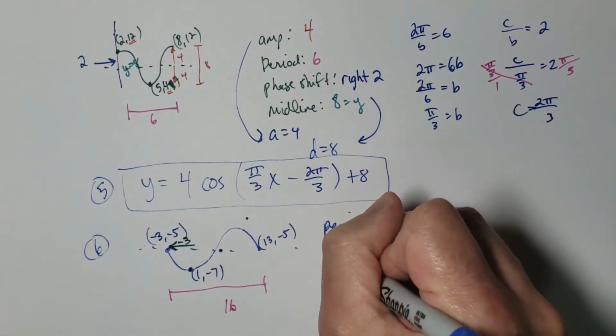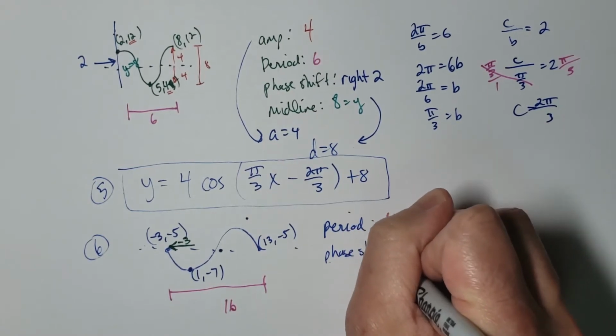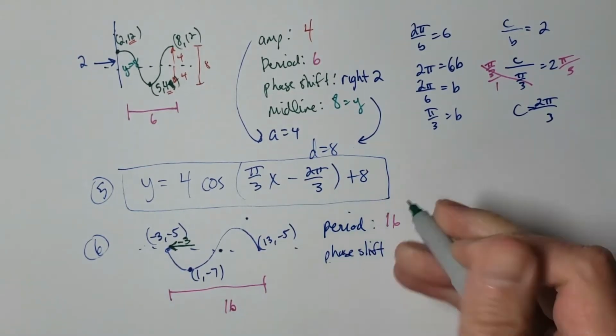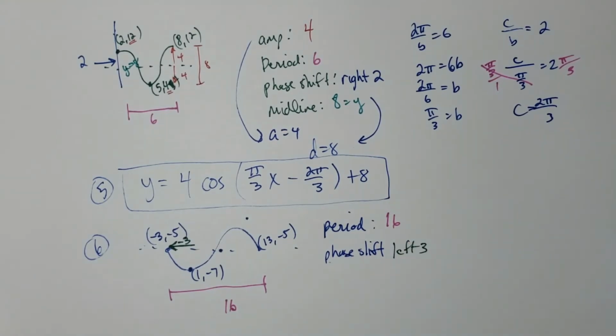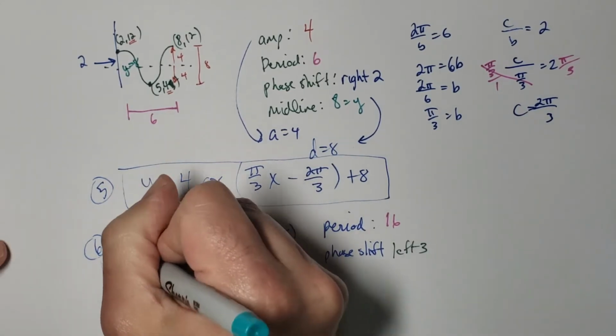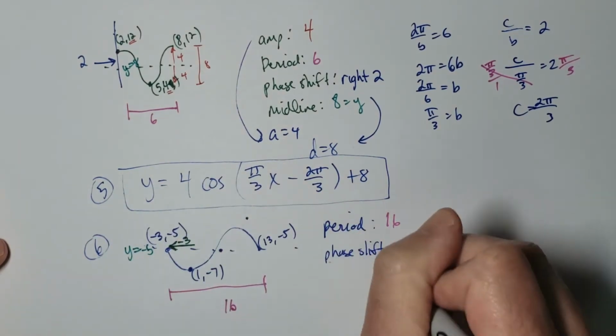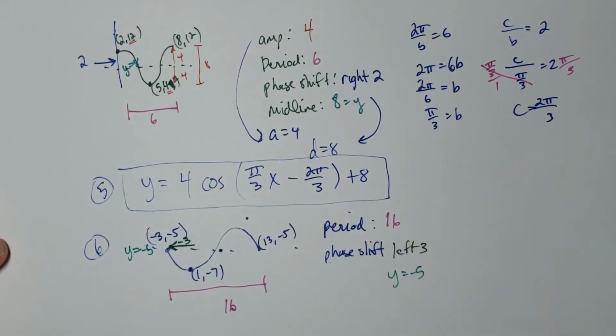So my phase shift is left 3. And then my midline, hopefully you can see that the midline would be wherever that first point is, the y-coordinate. So that's at y equals -5. Okay, so that's the midline.